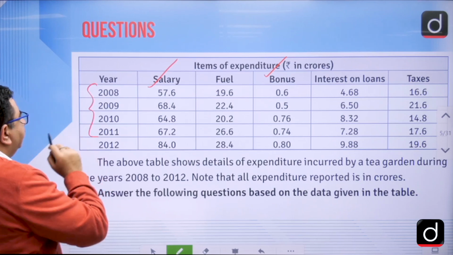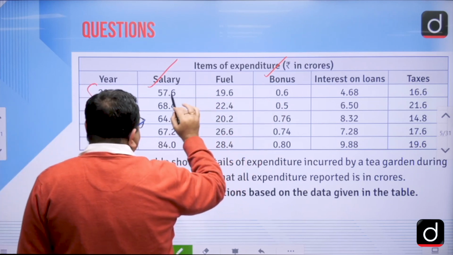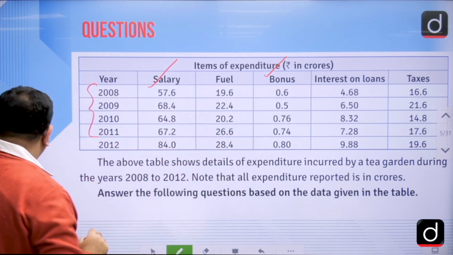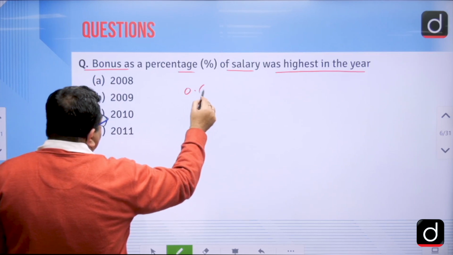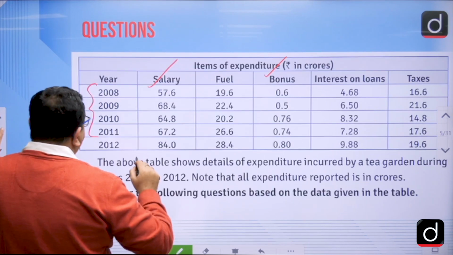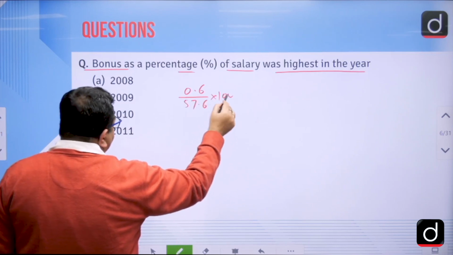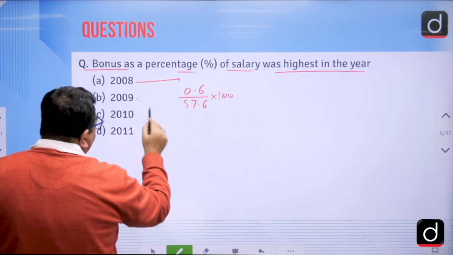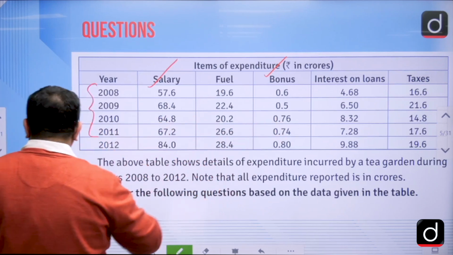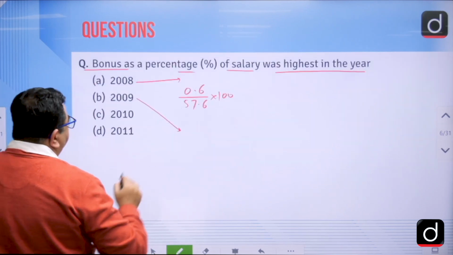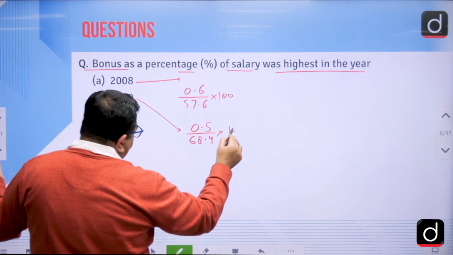Obviously for every year we can write. Likewise in 2008 we can write 0.6 divided by 57.6 into 100. That is in 2008. Then 2009 is 0.5 divided by 68.4 into 100.